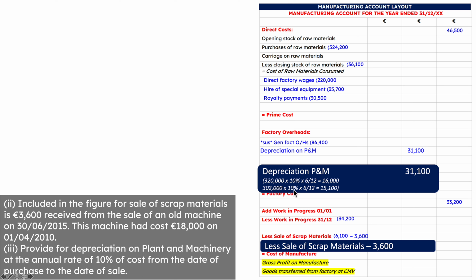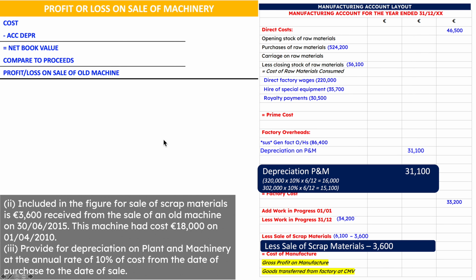So date of purchase to date of sale, you have to remember we had the 320,000 plant and machinery for 6 months, and then after the 6 months, when we had sold the other plant and machinery worth 18,000, we had 302,000 euro worth of plant and machinery. So 320 by 10% by 6 over 12 is 16,000, and then 302 by 10% by 6 over 12 is 15,100. So all together there we have 31,100 euro depreciation on plant and machinery.